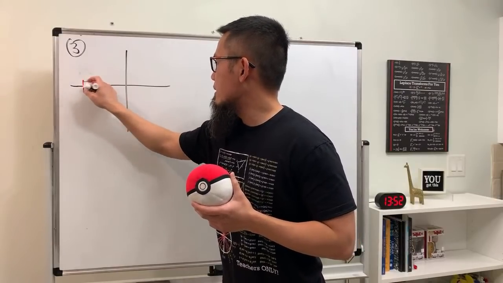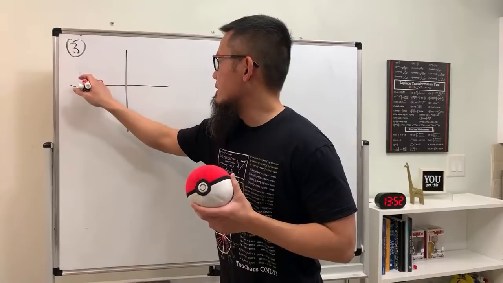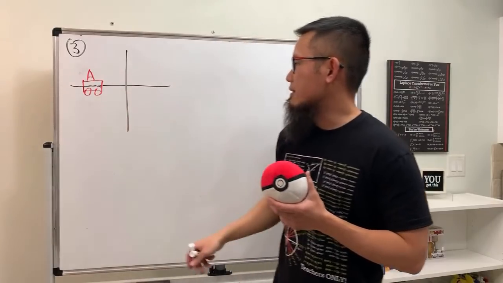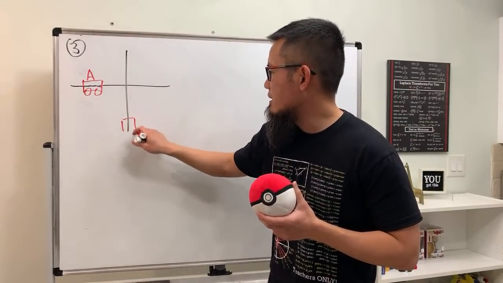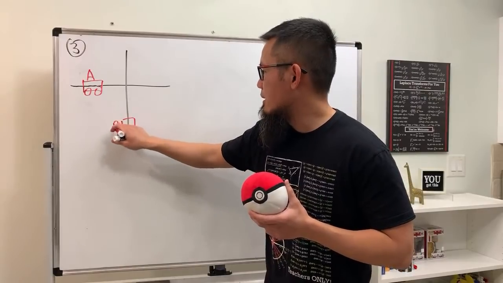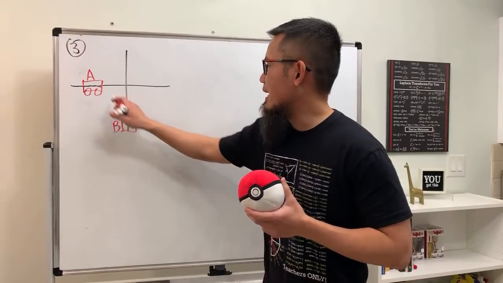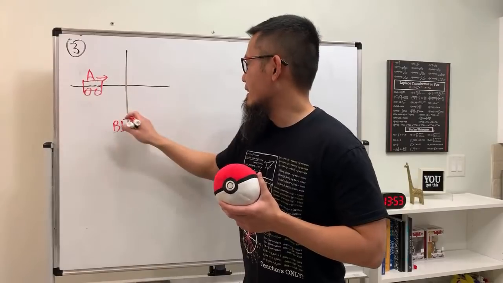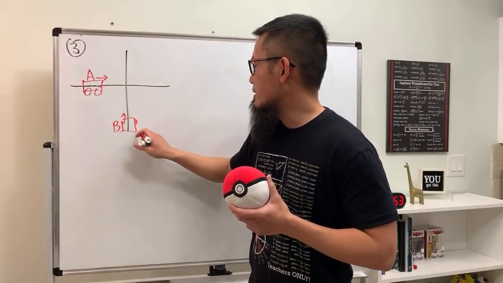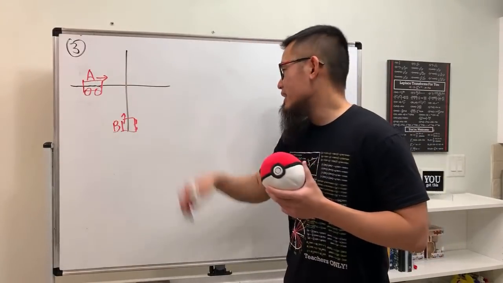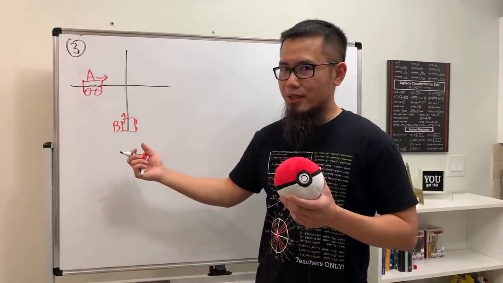A little bit closer, because this is not an isosceles triangle, so I'm going to do it like this. So this is car B. Car A is going here, and car B is going there. All right, this is the first picture.